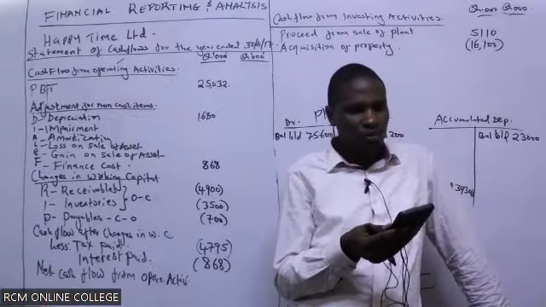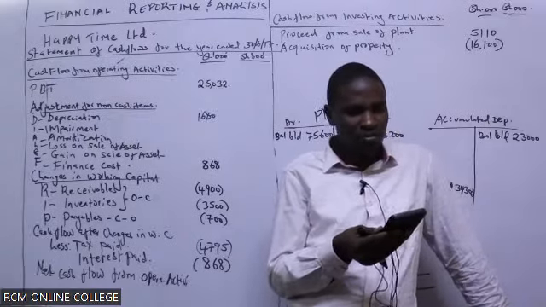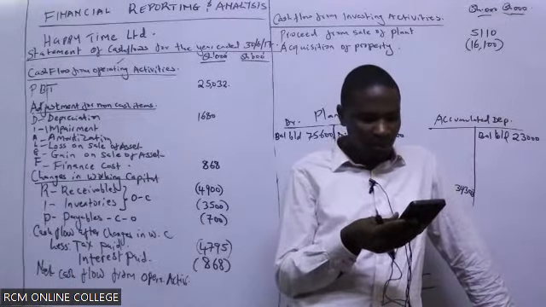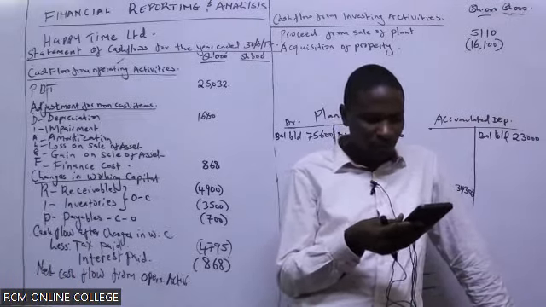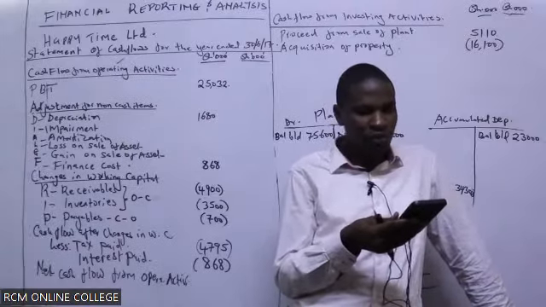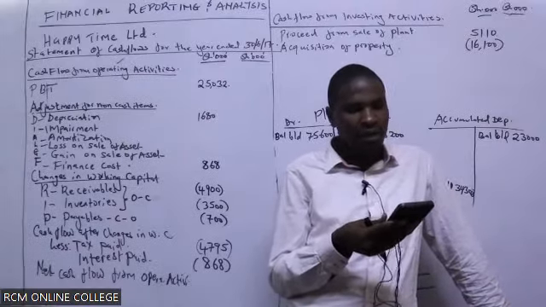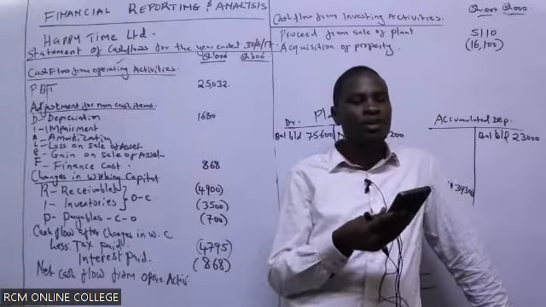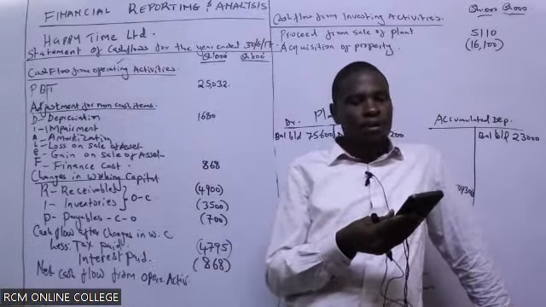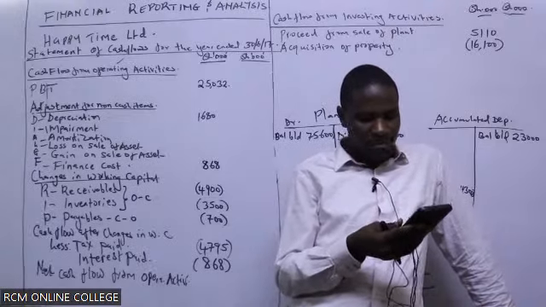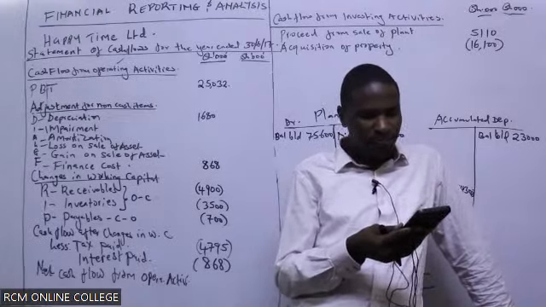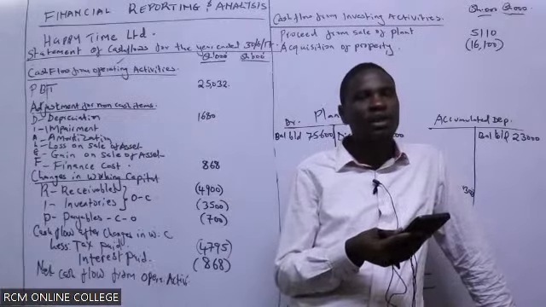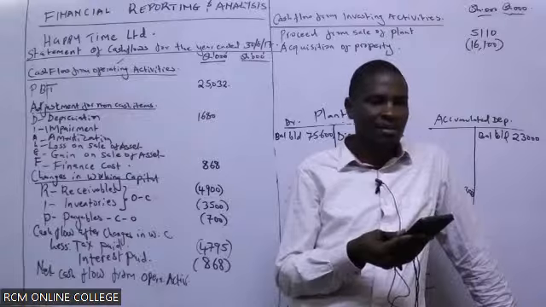So, repeating for Princess, accumulated depreciation. Just check what we have there. Under additional information for plant, accumulated depreciation has a credit balance.